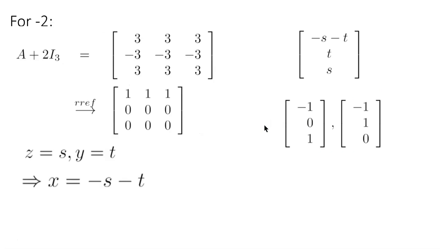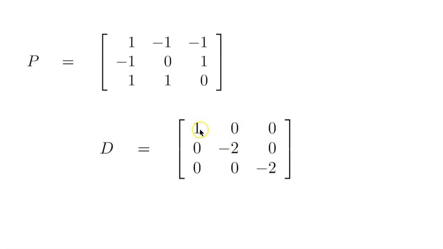Which means I know my diagonal matrix is 1, -2, -2, and my corresponding eigenvectors have to be in the same spot. So 1 goes with this first column. The -2s go with these second 2 columns, and it doesn't really matter which order. So that's how you find your diagonal matrix and the P.